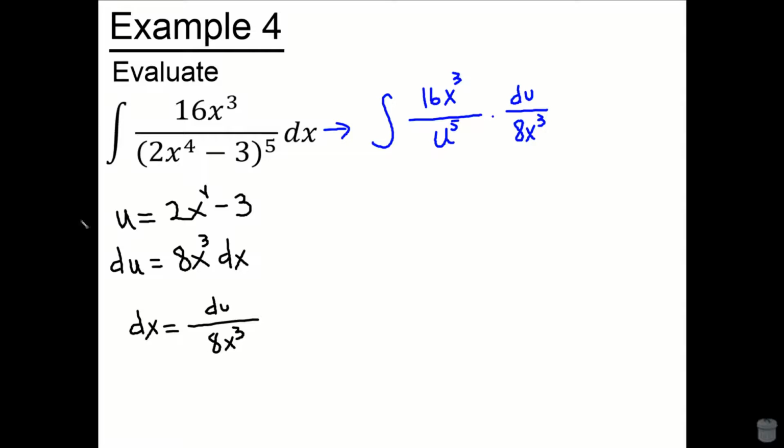Here, the x cubed terms reduce each other out to 1. 16 and 8 reduce to 2 over 1 respectively. So now we end up having the integral of 2 over u to the power of 5 du. Since 2 is a constant, I can pull this out. I am simplifying, making this a bit easier to see.